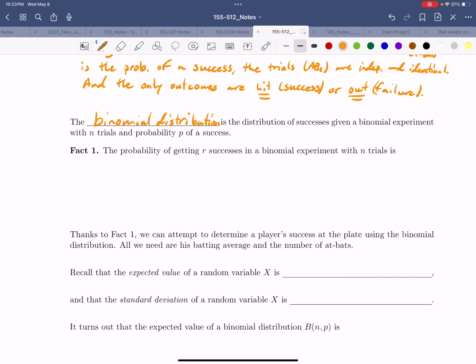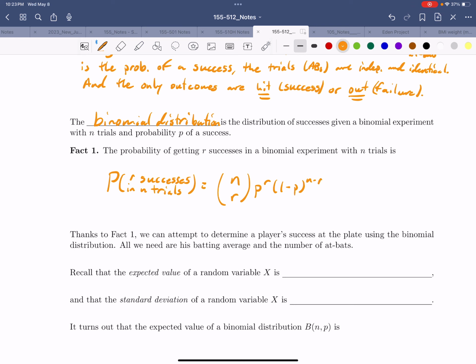Now, it turns out you don't need to know this, but just in case you care, the probability of R successes in N trials equals N choose R times P to the R times 1 minus P to the N minus R.